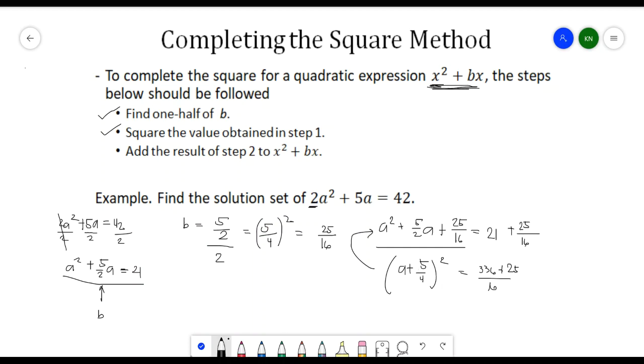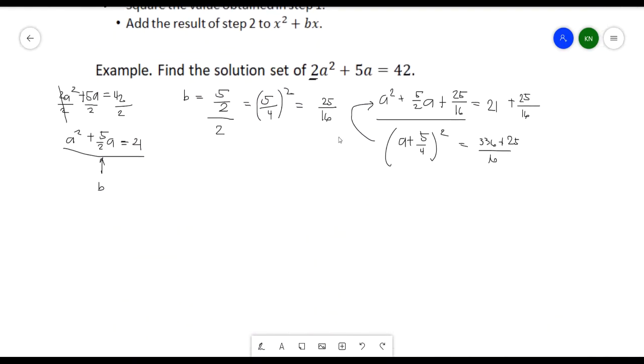Afterwards, since this is a squared equation, applying what you have learned earlier, to get the value of a we just need to square root both sides so we can eliminate the square. So a is equivalent to, moving this one to the other side, minus 5 over 4, positive or negative.